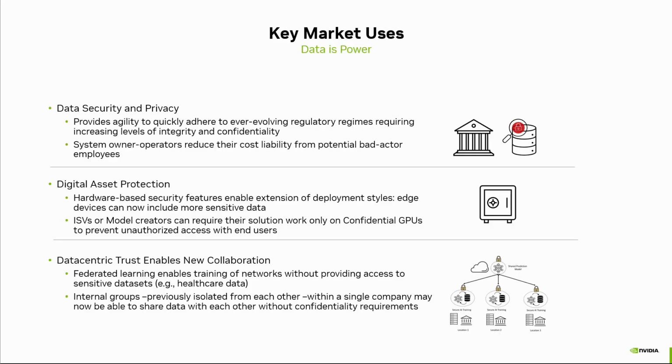Now with confidential compute, there are three key market uses that we see here. And you can see this tagline, data is power. So in today's day and age, the user data is considered its own form of currency. And what we see is, with this first one here, data privacy and security, there are regulatory regimes, things like GDPR in Europe, HIPAA in the United States, where there are certain levels of requirements that are placed upon the companies where they must provide a certain level of security on user data.